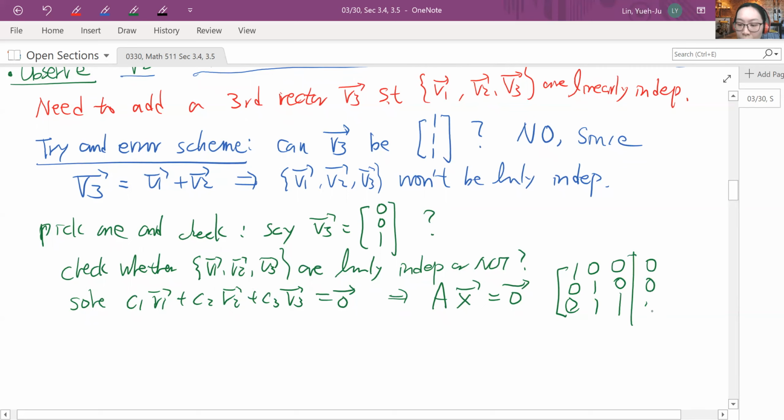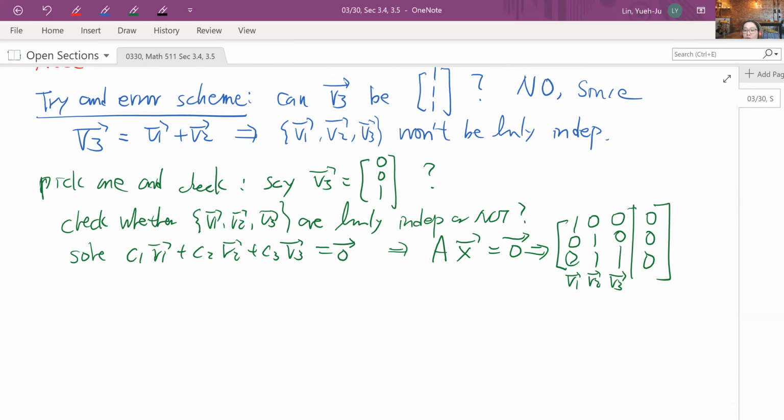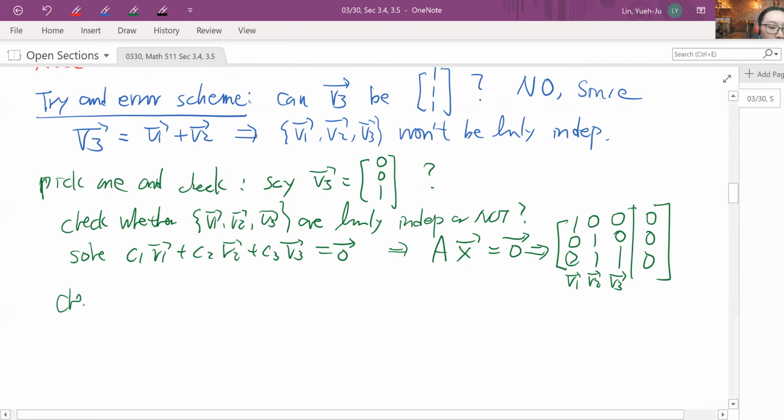So I'm solving this system. I'm going to be a bit fast here because this is something that we have done in 3.3. You're solving this 3x3 system. If you still remember, in 3.3 we mentioned that if you're solving a square system, when you check linear independence, you can just directly check the determinant of this matrix.